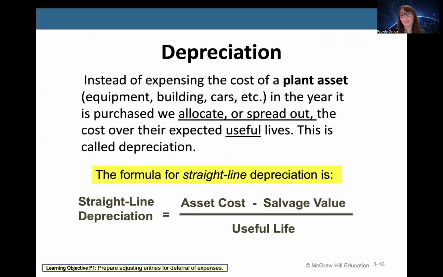That would be your salvage value. That would be an ending value. And the useful life would obviously be the useful life of the asset, usually in years. So in our example, we said a car would last us 5 to 7 years. That would be your useful life.